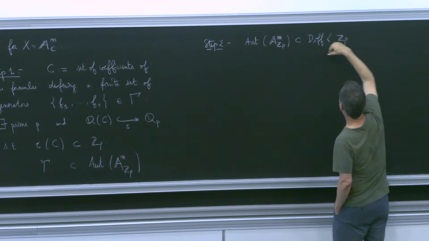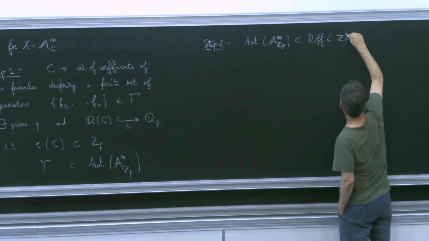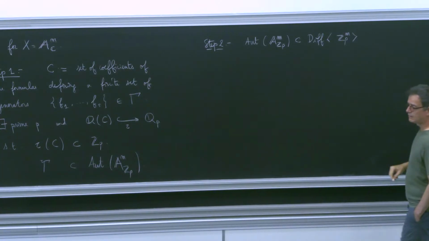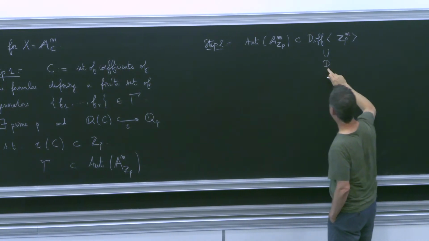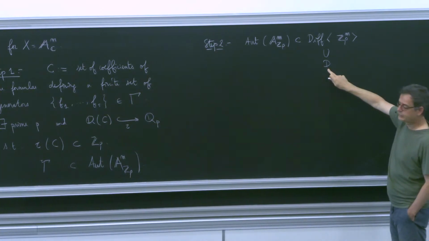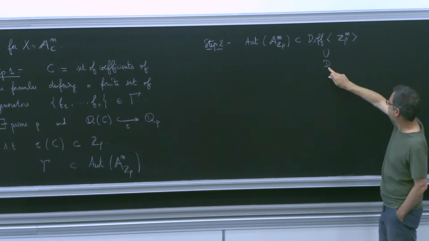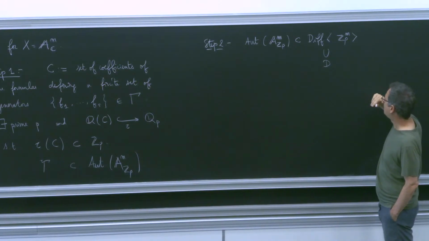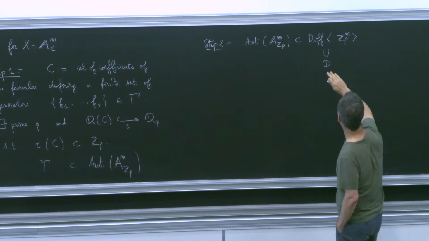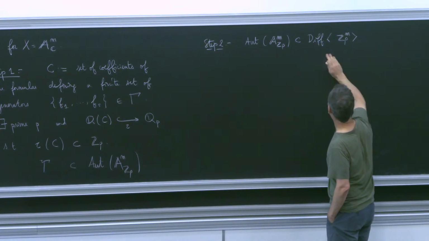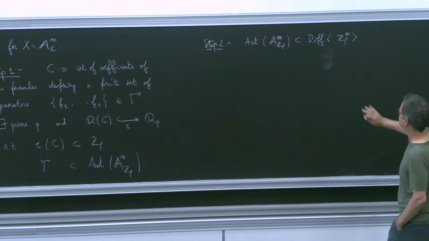But since I explained it in that case, I will do it here. And this group contains a group D that I introduced yesterday. D is a finite index subgroup. Why do I need this? I don't need this at this stage, I don't need this group D.